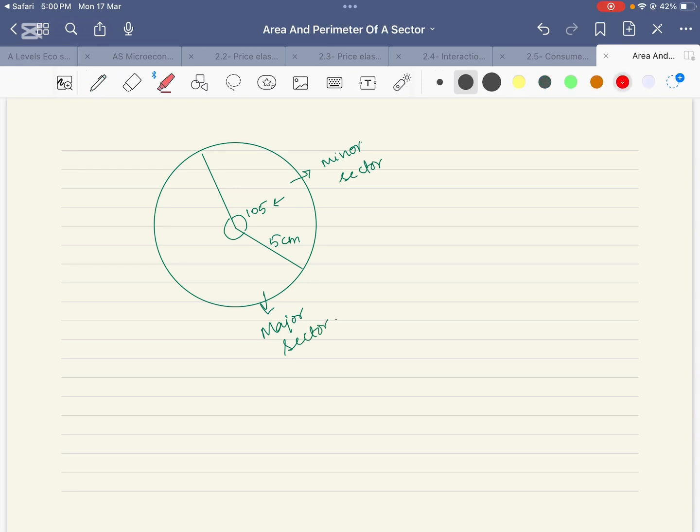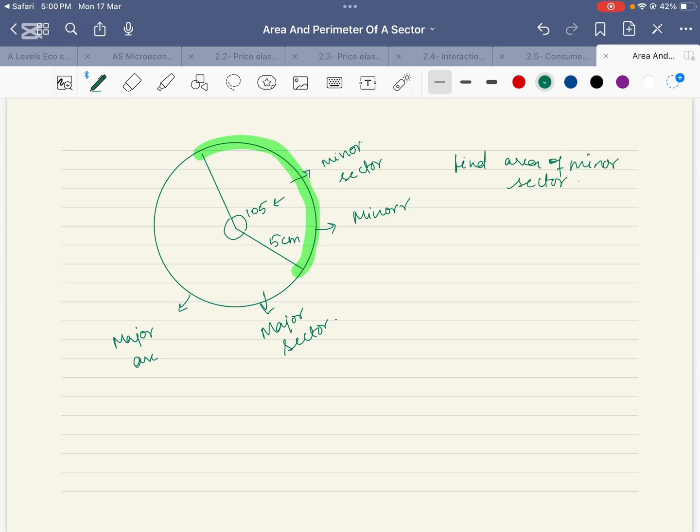The arc subtended by the minor sector is the minor arc, and this one is the major arc. Major arc plus minor arc, when they both are added together, become the entire circumference of the circle. Suppose the question says, find the area of minor sector.